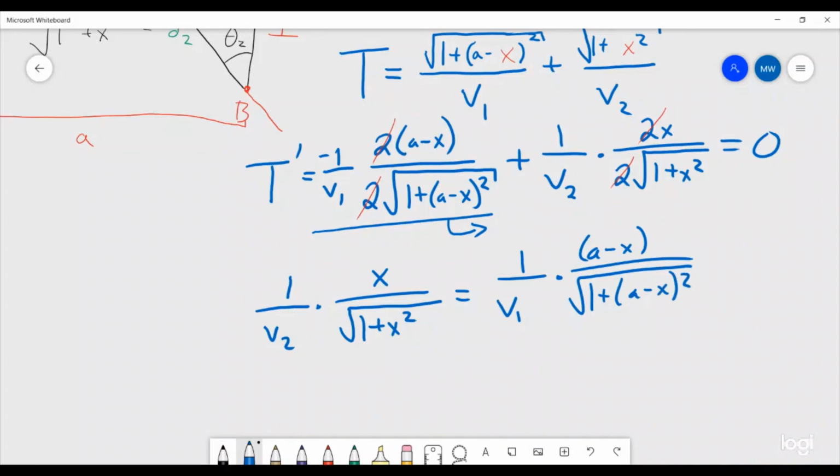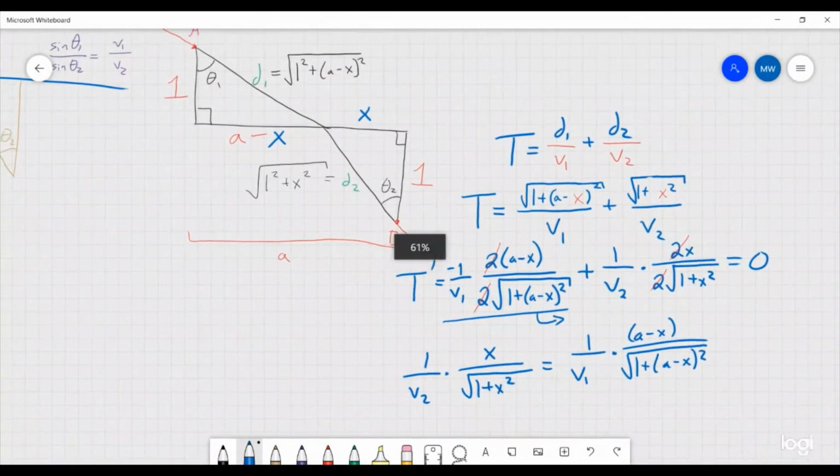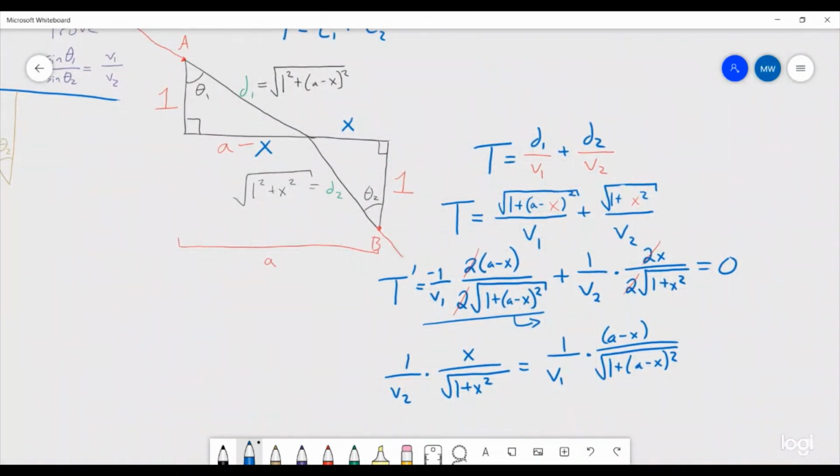And at this point, we might not be thinking that's very helpful. But if we go back to our picture, what is sine of theta 1? Well, sine of theta 1, if we go to the triangle, is opposite over hypotenuse. Opposite over hypotenuse is a minus x over the square root of 1 plus (a minus x) squared. That's this piece right there.